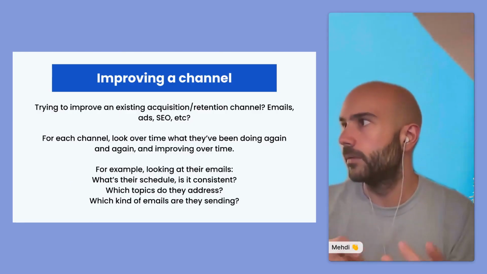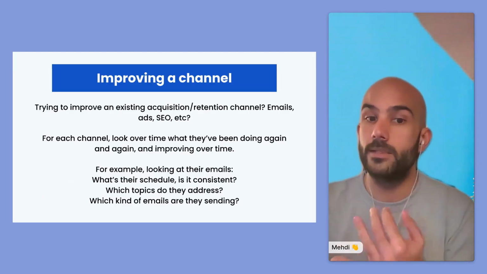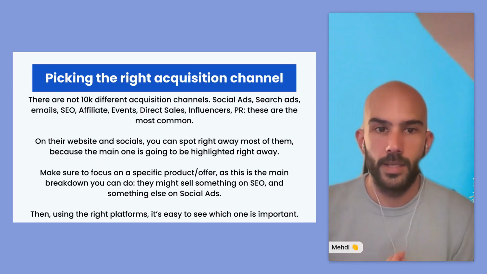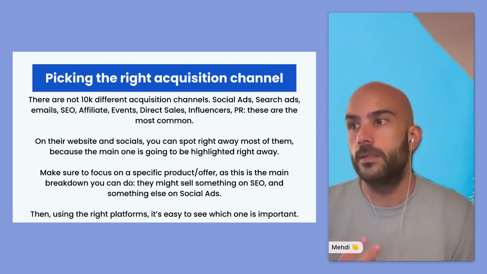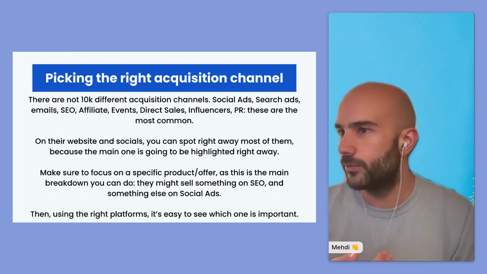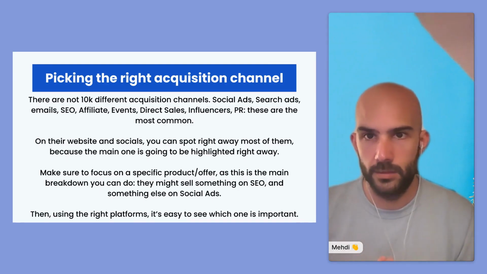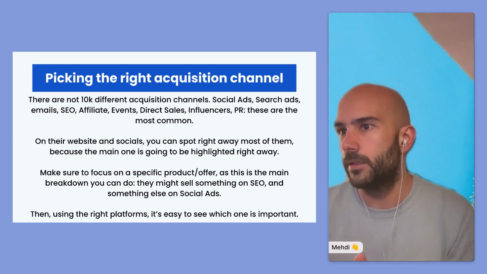Look at their schedule, look at what they're repeating, what they're doubling down on, what they stopped doing as well, which main topics they do address. And while doing this, you'll also be able to identify for you, especially if you have a new offer or a new product coming up, the right acquisition channel you might want to use based on what your competitors have done recently.